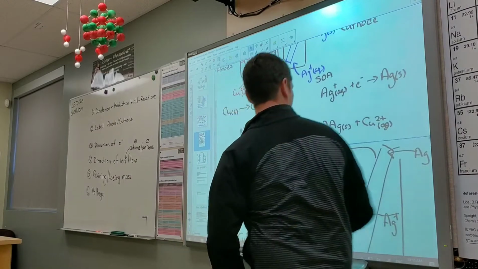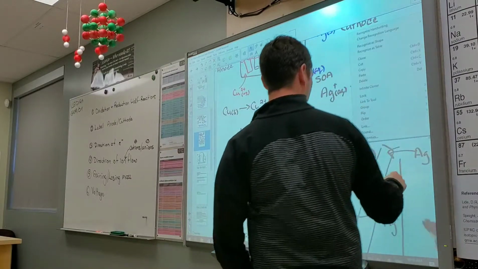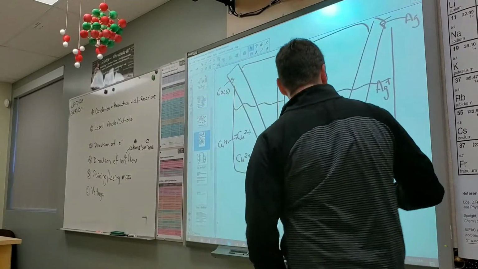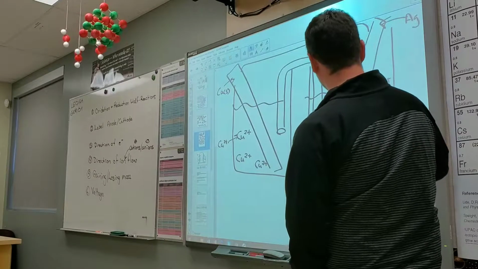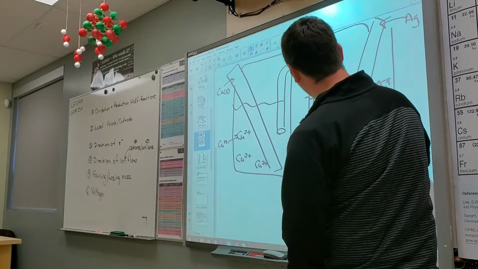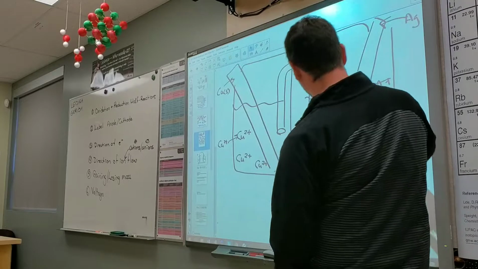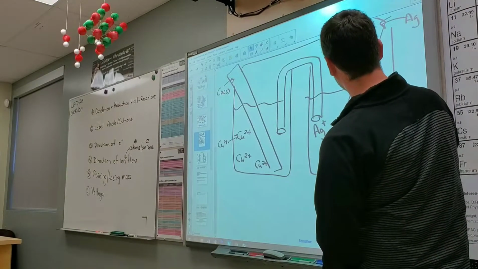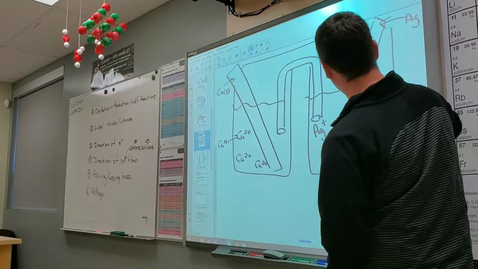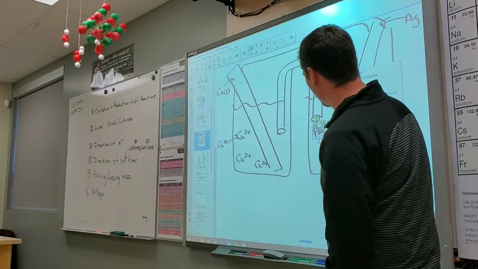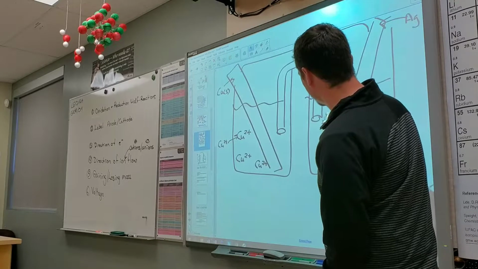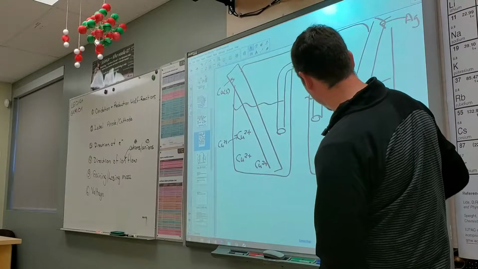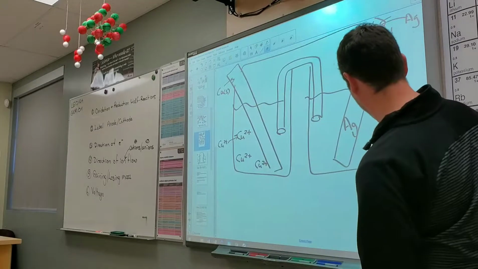So these silver ions over here are going to combine with electrons and turn into silver metal. Do you agree? And then this silver is going to combine with electrons, and then this silver is going to combine with electrons.